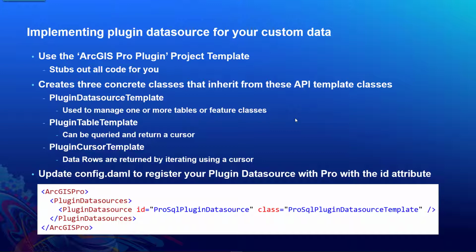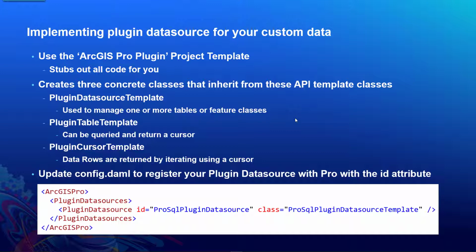Again, the plugin data source template is used to manage one or more tables or feature classes. The plugin table template can be queried and returns a cursor. And the plugin cursor template is used to return the data rows that I can iterate through with my cursor.